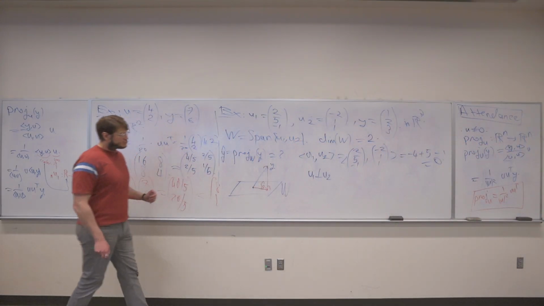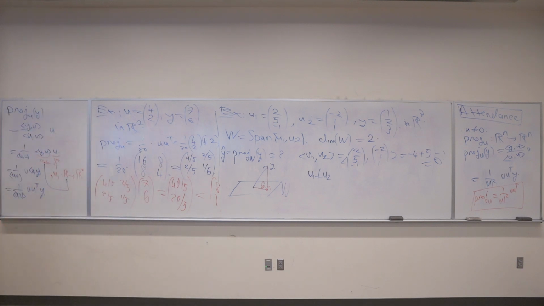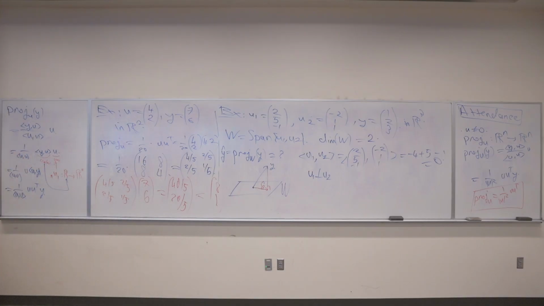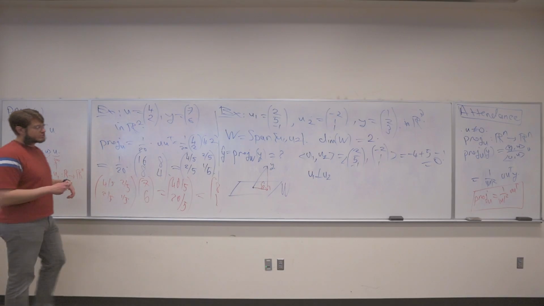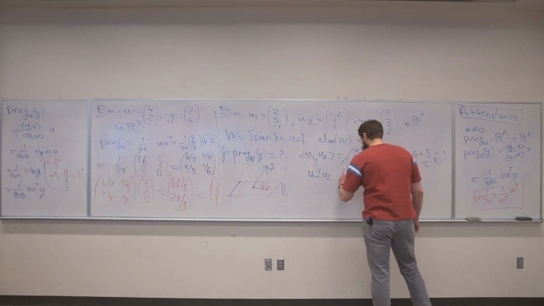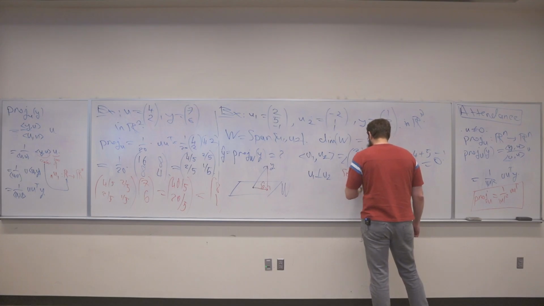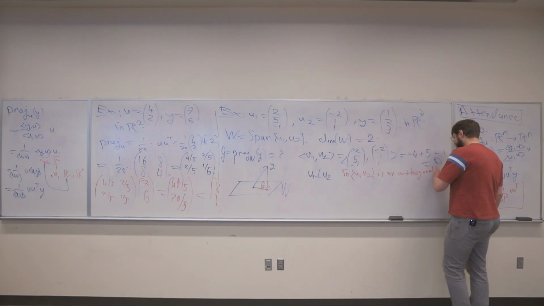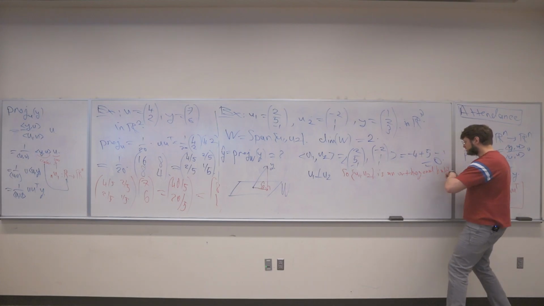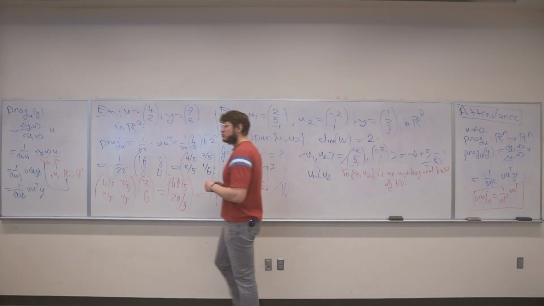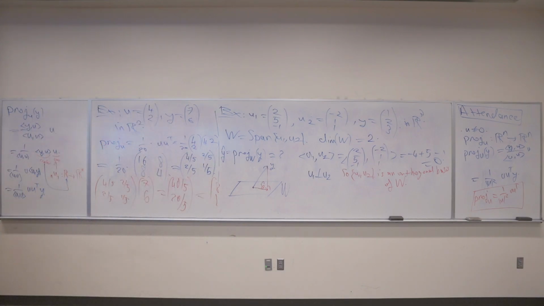And so remember, in this situation, we can say that u1, u2 is an orthogonal basis for W. When you have a basis of your subspace made up of pairwise orthogonal vectors, you call that basis an orthogonal basis. u1, u2 is an orthogonal basis of the subspace W. Whenever you have an orthogonal basis of the subspace you're trying to project onto, things are fairly nice, okay?